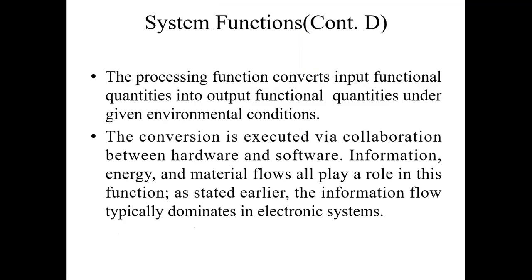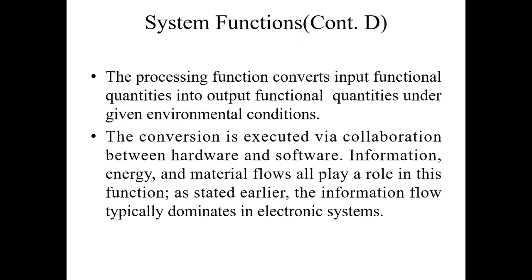Okay, so each one we will see. The processing function, what it will do, it will convert input functional quantities into output functional quantities under the given environmental conditions. So the conversion is executed, right? How will it be executed? By the collaboration between the hardware and software. Information, energy, and material flows all play a role in these functions.